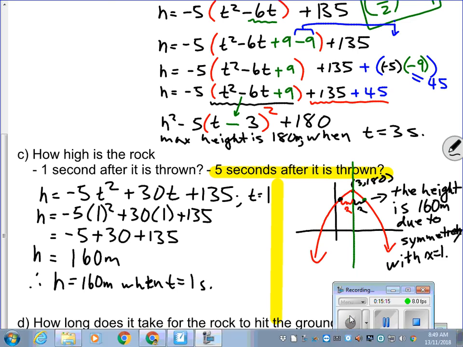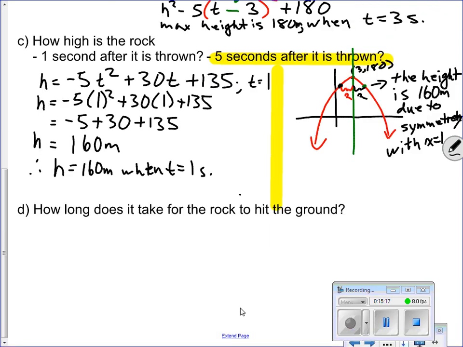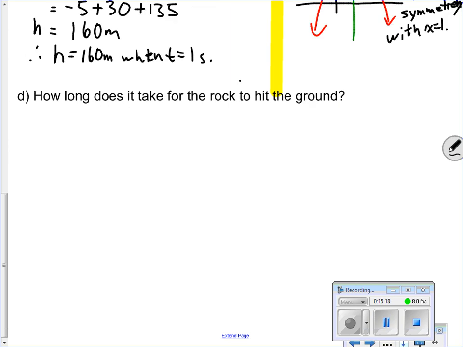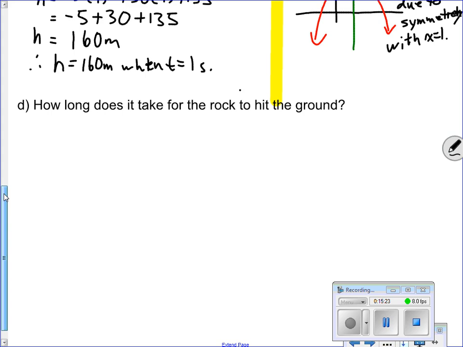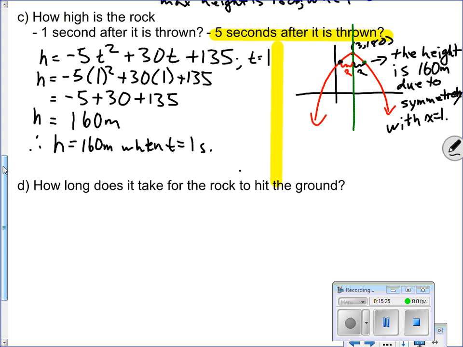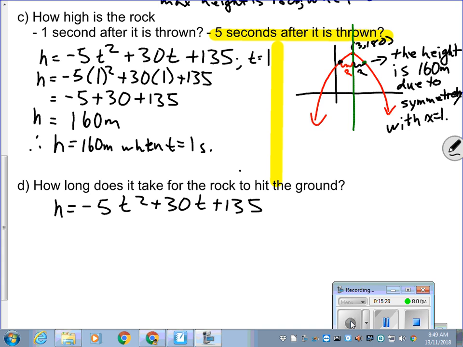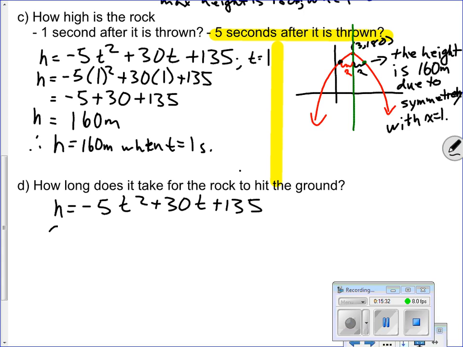So now the last part of our problem is to find out how long it takes for the rock to hit the ground. Well, you have to start with your basic equation. Then what we're going to do is let h equal 0, and we're going to factor out a negative 5 from everything.